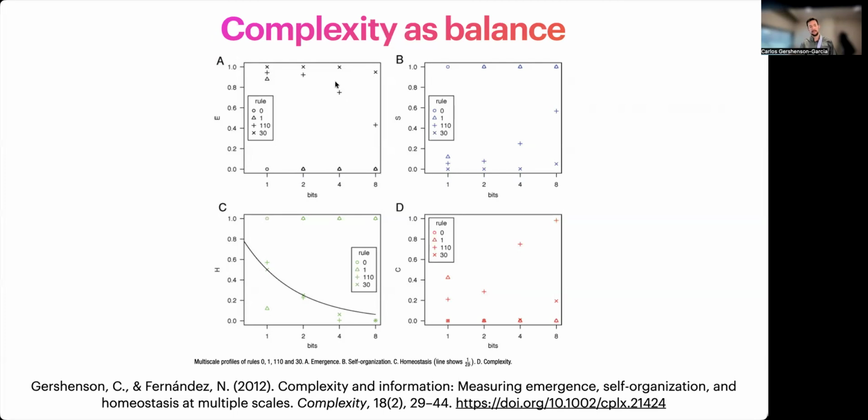Then we see that it goes down with scale, and it's the opposite for self-organization. The ordered rules have low entropy, high self-organization, and vice versa. And then for complexity, we see that the ordered rules, class 1 and 2, and the chaotic rules, class 3, have low complexity at all scales.